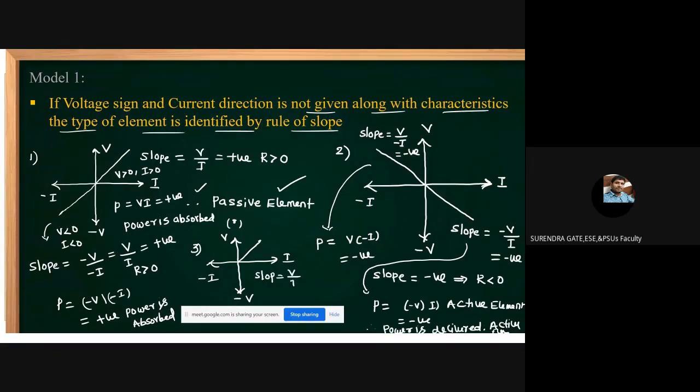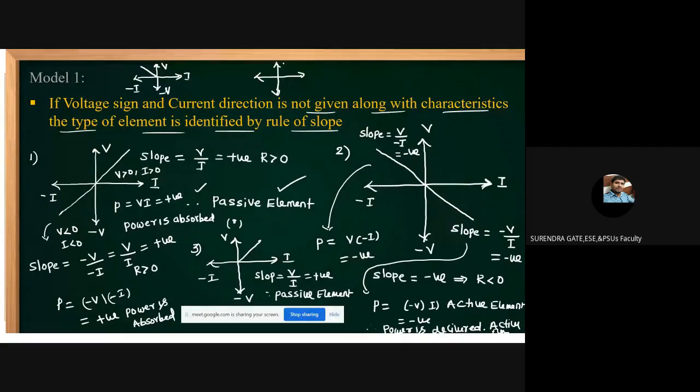V by I, this is positive, then which element? Passive element. Yes, this is the passive element. Now you try this one. This is V, this is minus V, this is I, this is minus I. Students, you try this one. Active. That is active. Very good.